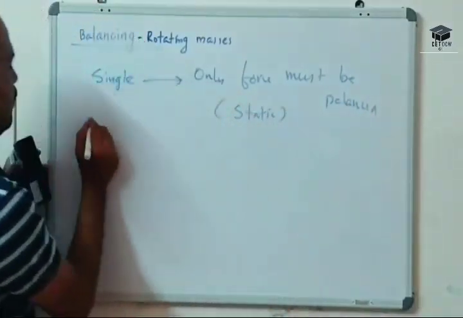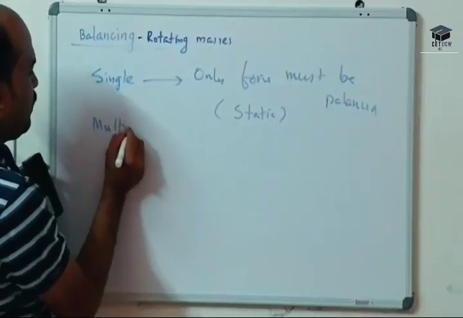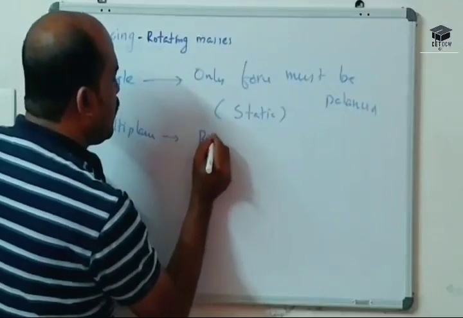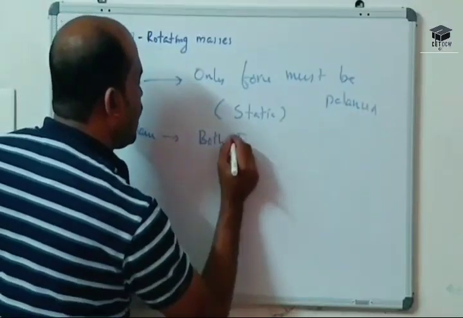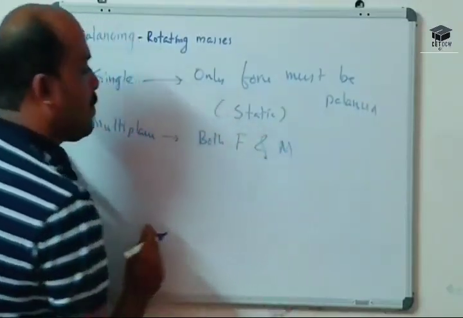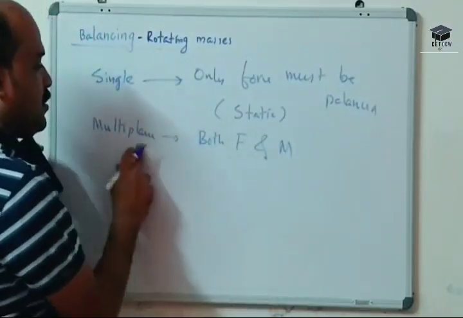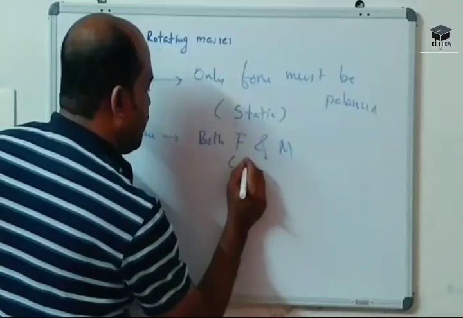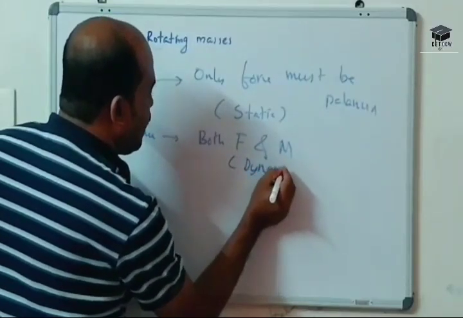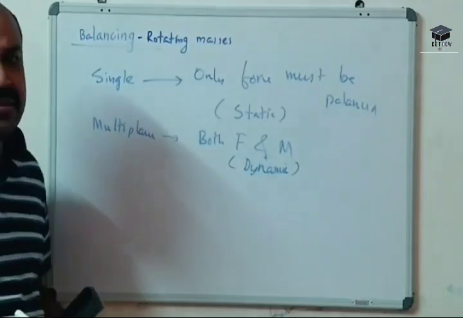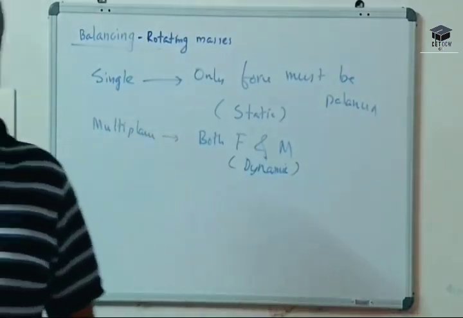But if you take multi-plane, more than one plane, both force and moment should be balanced. And this is the case of multi-plane balancing. And that balancing is called dynamic balancing. So dynamic balancing is applicable for multi-plane. Okay, this is the basic. Now we will solve different problems then.